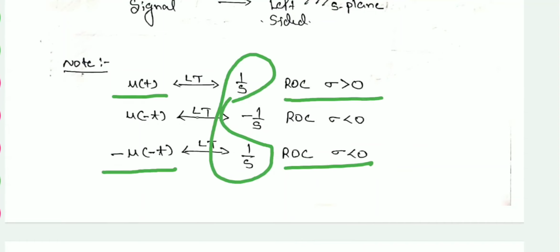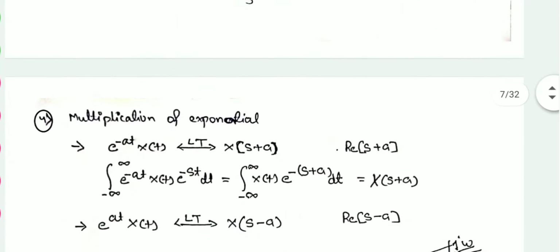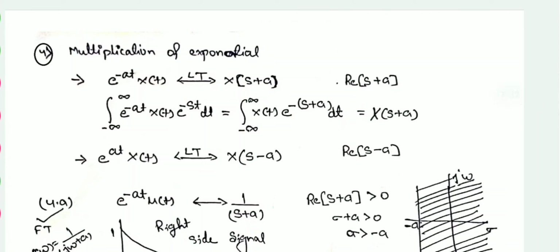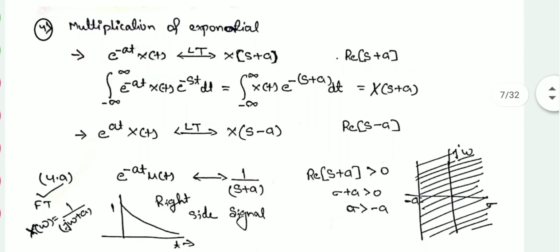Okay, the next point: when we multiply the signal with e to the power minus at. This is one property case.